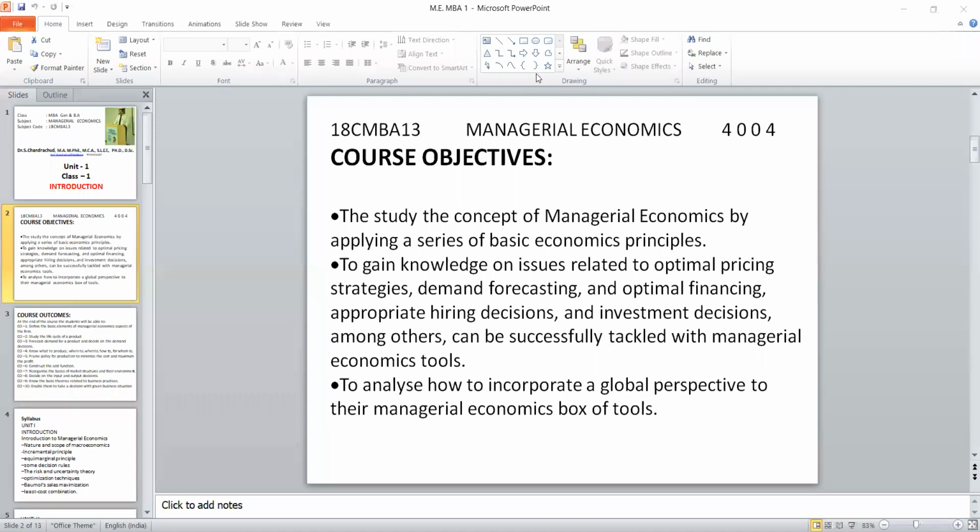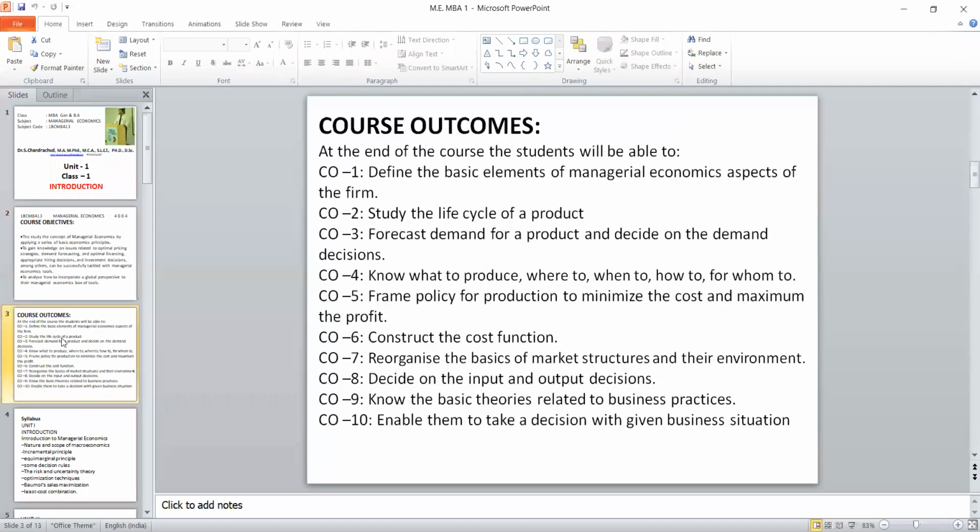There are 10 course outcomes. After completing this semester, once you have studied this subject, these are the outcomes we expect.